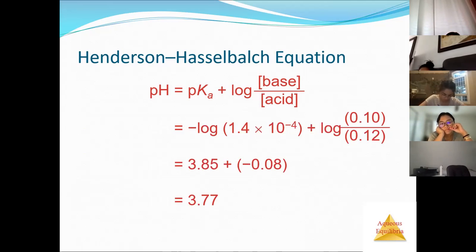I take the log of 0.833. I get a negative 0.08. I simply add negative 0.08 to my pKa. That gives me 3.77. That is the pH of that buffer.